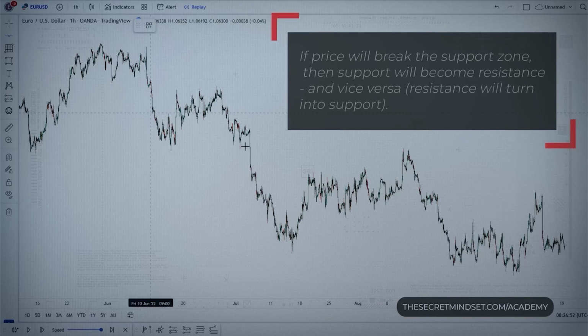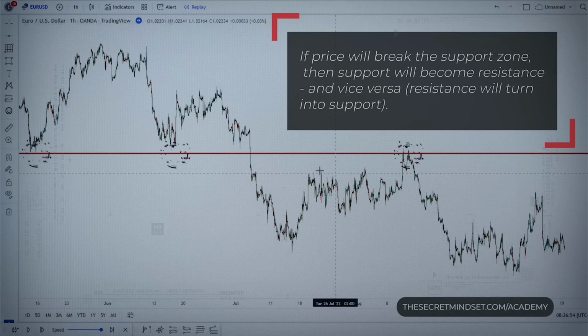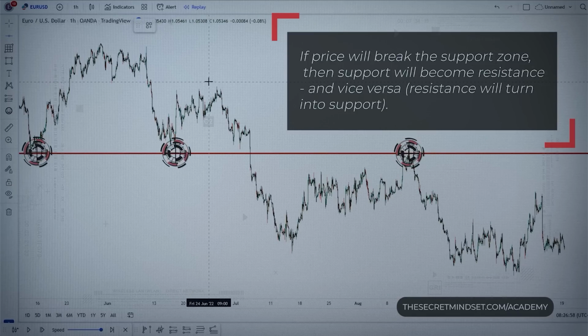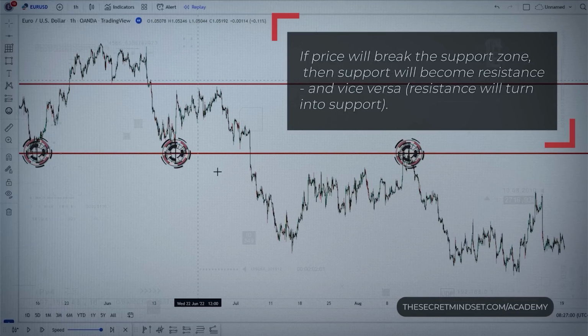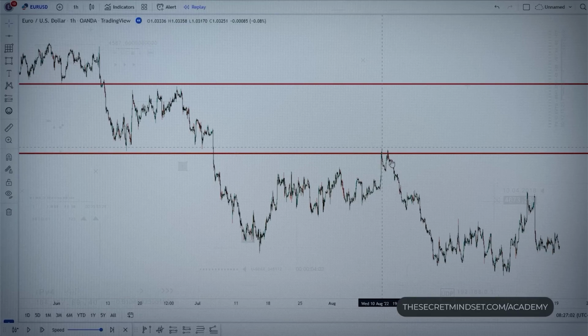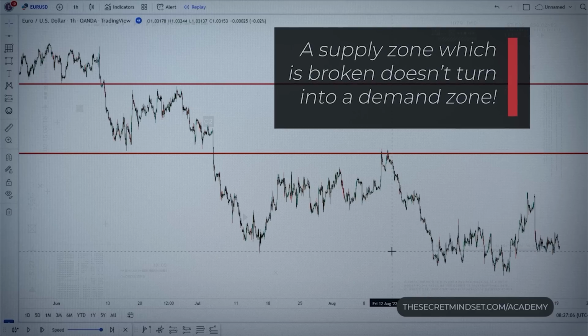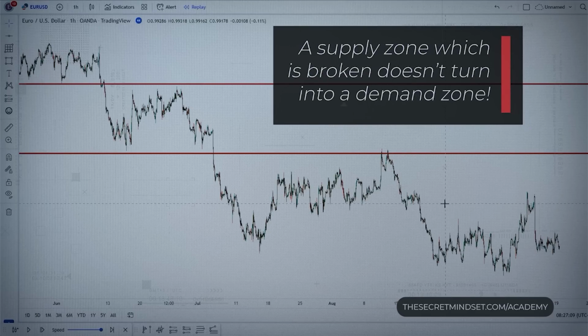If price breaks the support zone, then the support will become resistance, and vice versa. This is a common trading strategy which is actually very powerful when traded correctly. But in the case of supply and demand, this concept doesn't apply.